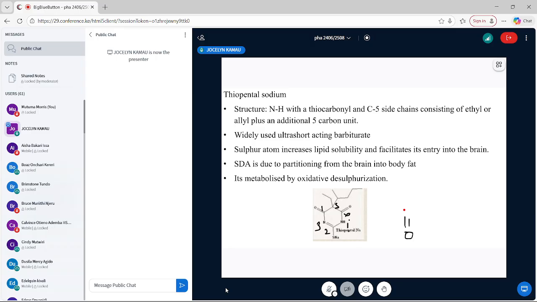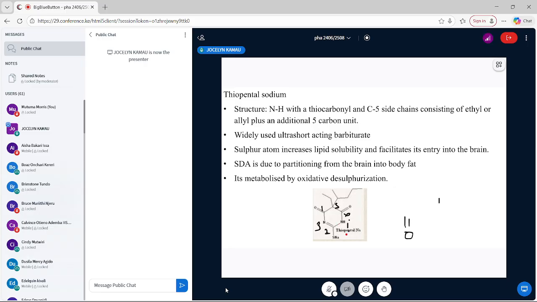So we have positions 2, 4, and 6, and in those positions they have a carbonyl group for the usual barbiturates.